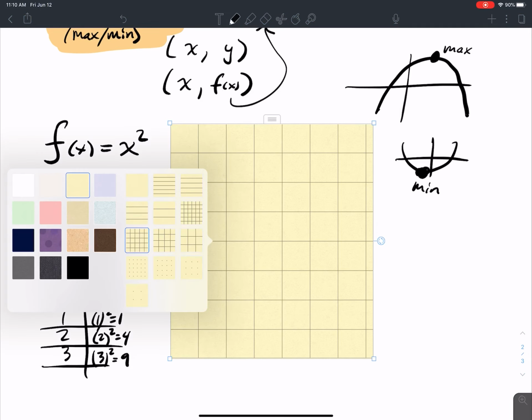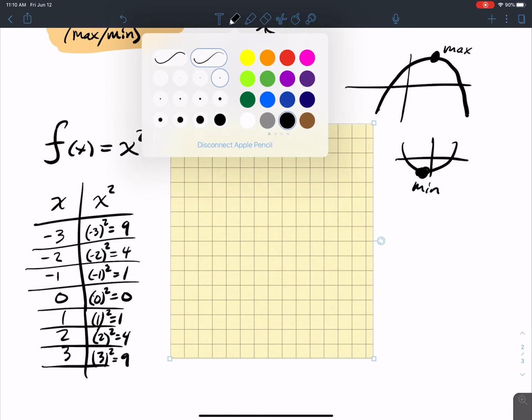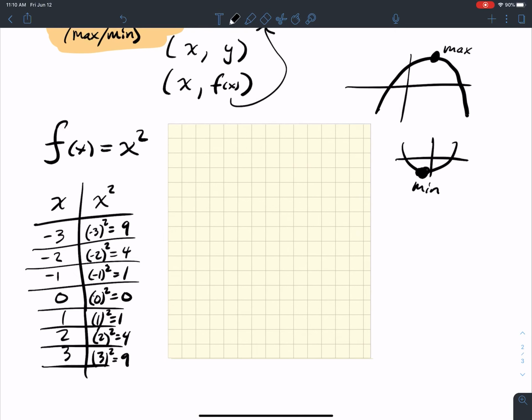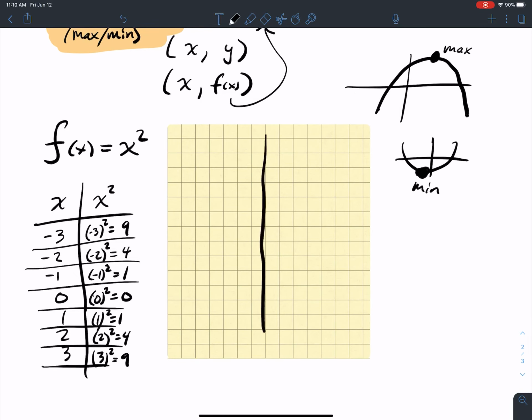Well, here we go. At x equal to negative 3, we have an output of 9. So I go over 3, and I go up 9. So my first dot is here. Then I have negative 2 and 4. So I go over negative 2 and up 4. And then negative 1 and 1.